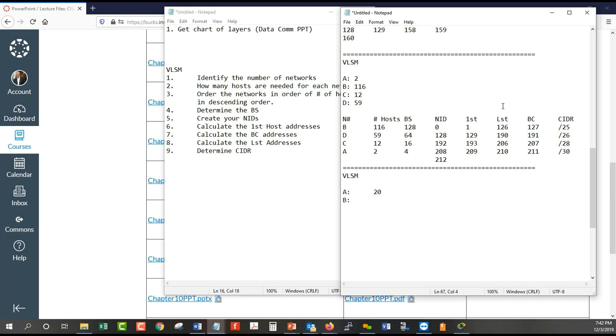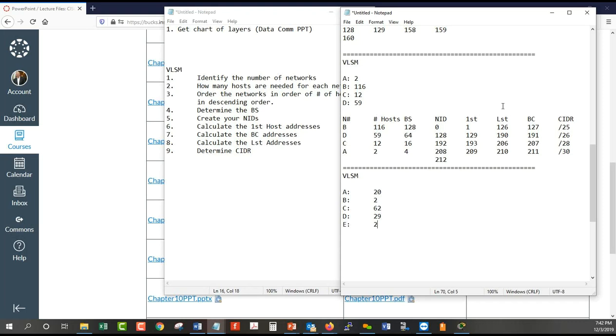B is going to require 2 addresses. C needs 62 addresses. D is going to need 29 addresses. And E is going to need another 2.